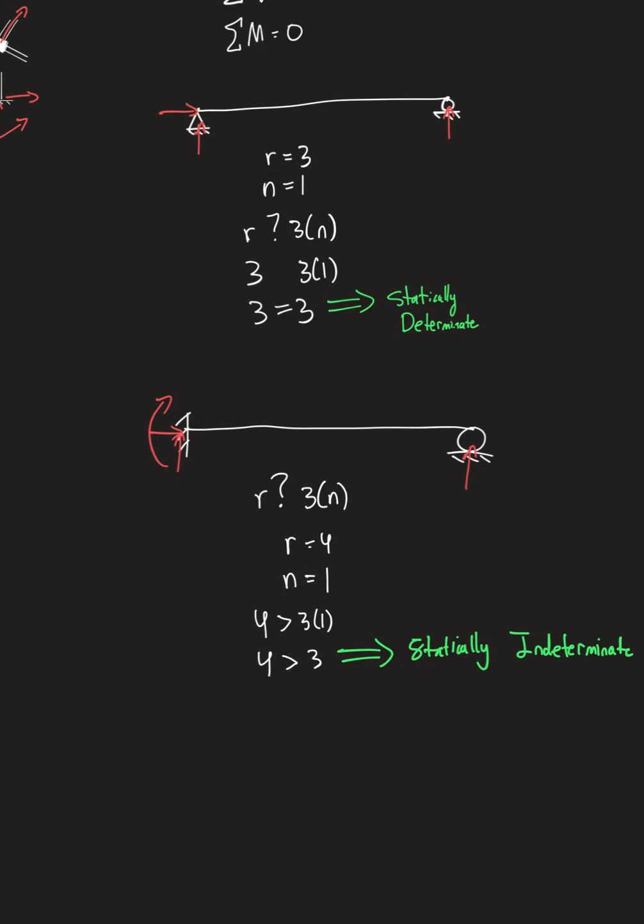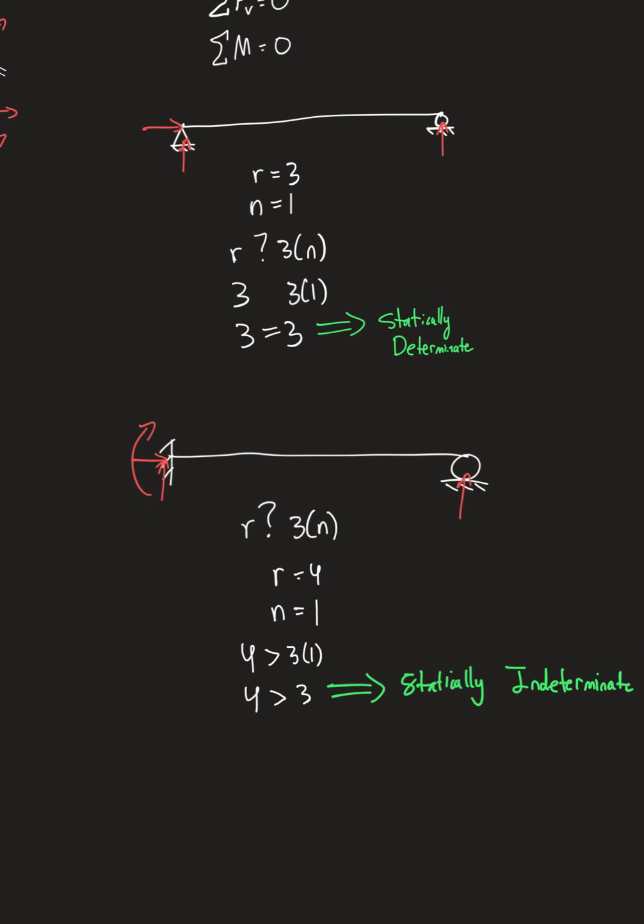And what you'll often see is you'll be asked to classify how statically indeterminate it is. And for this problem, that is to the first degree. Which all that means is the difference between these two numbers.